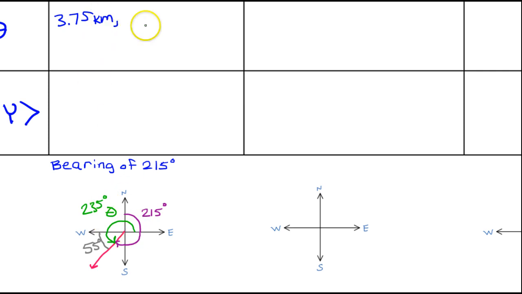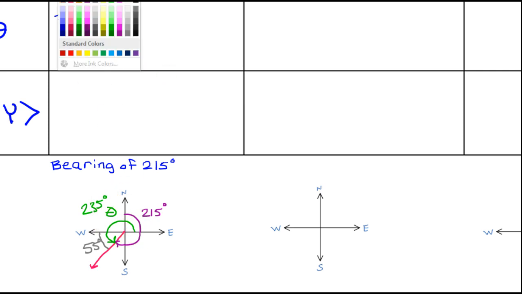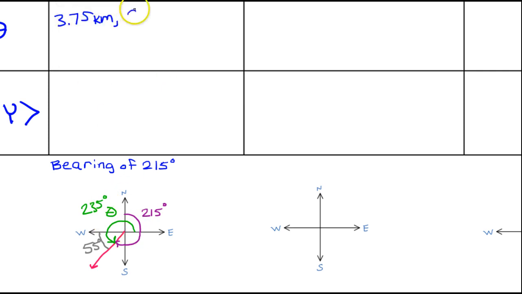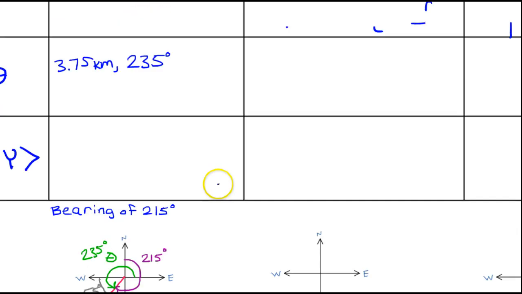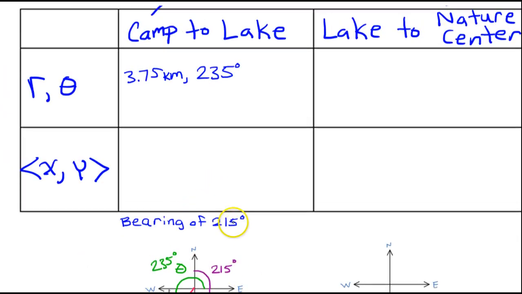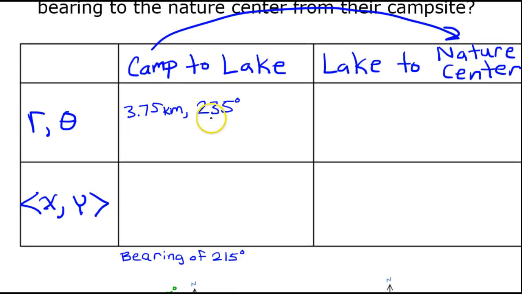All right, that's the angle that we need for the chart, 235 degrees. Okay, so that's the magnitude and the direction of the trip from the camp to the lake.